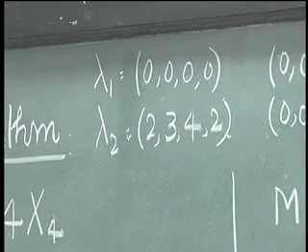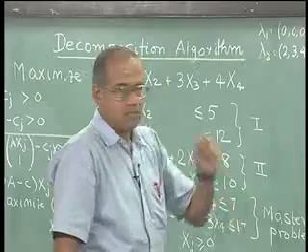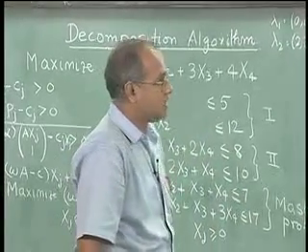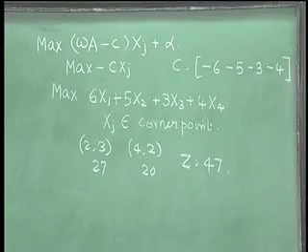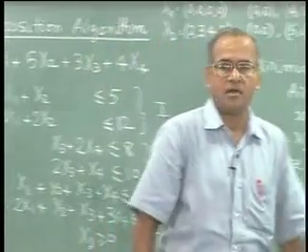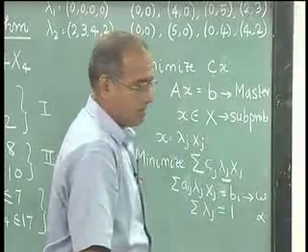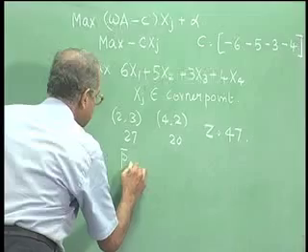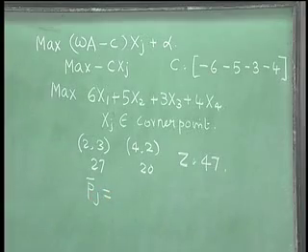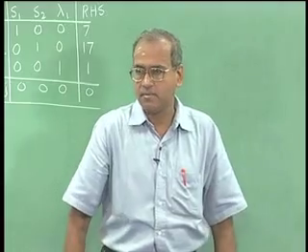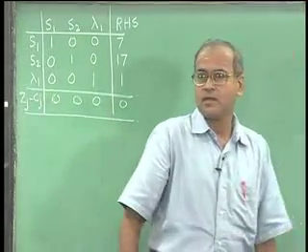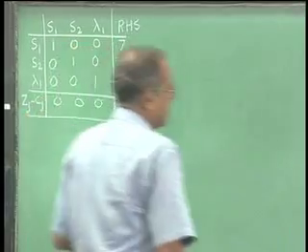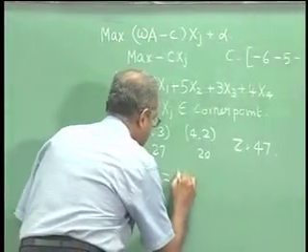So, we now know the entering corner point, which is (2, 3), (4, 2), but we have to find out the leaving variable. Now, in order to find out the leaving variable, we need to find out P bar j, which is equal to B inverse Pj.